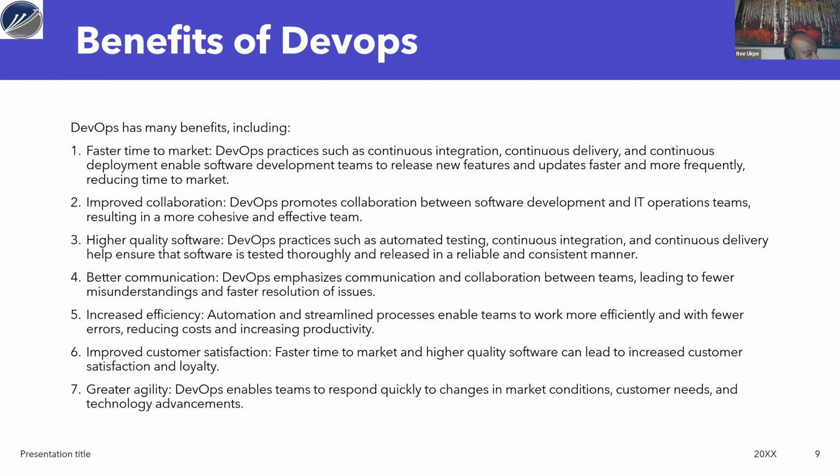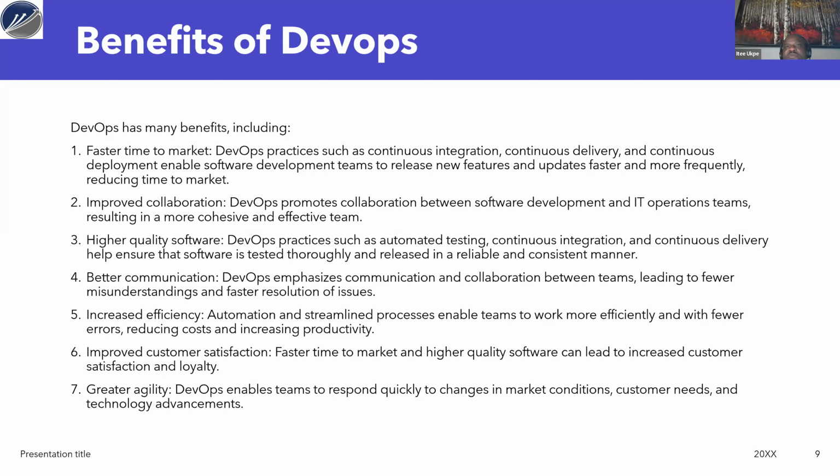Then you go back in iterative mode, using your agile methodology, dividing all your features into different sprints, you go back and develop new features and you keep using DevOps automated processes and get the thing to market as quickly as possible. So the first advantage is faster time to market.